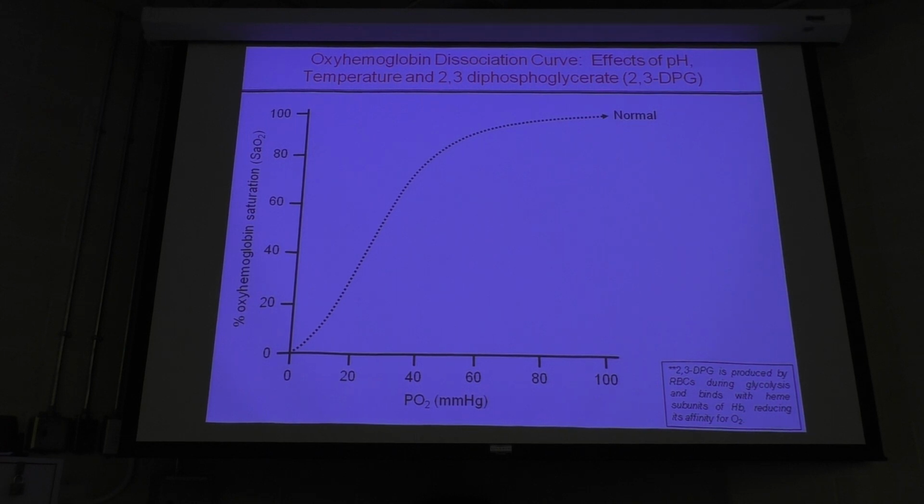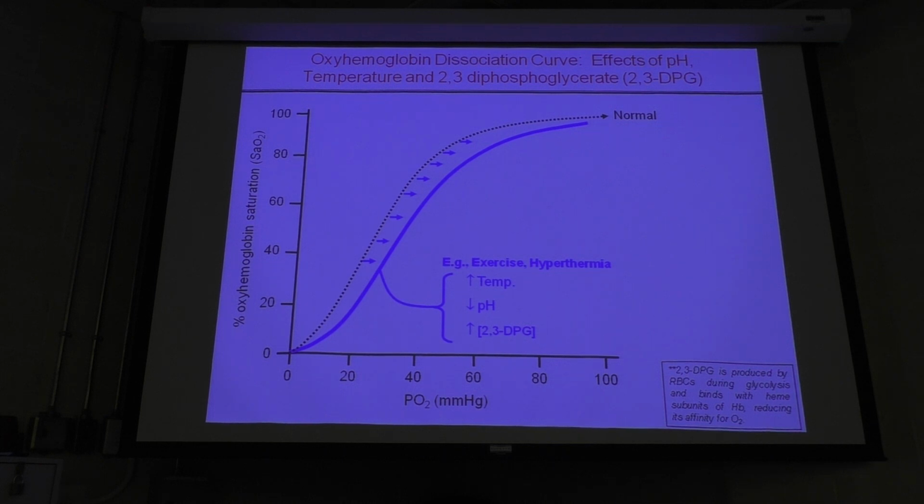So there are some factors that can change the shape of this oxyhemoglobin dissociation curve in the context of exercise. During exercise, increases in body temperature, decreases in pH, or the development of systemic acidosis, so increases in hydrogen ion, or increases in this metabolite of glycolysis, 2,3-DPG, which is produced by red blood cells during glycolysis and binds with the heme subunits of hemoglobin, ultimately reduce the affinity for oxygen.